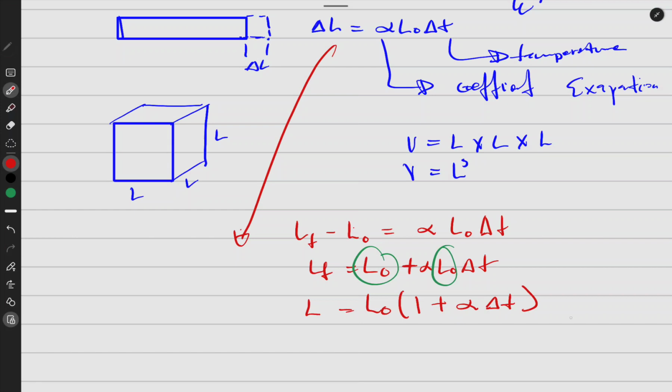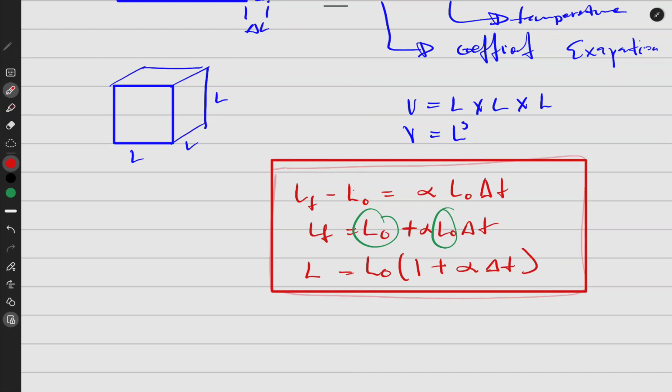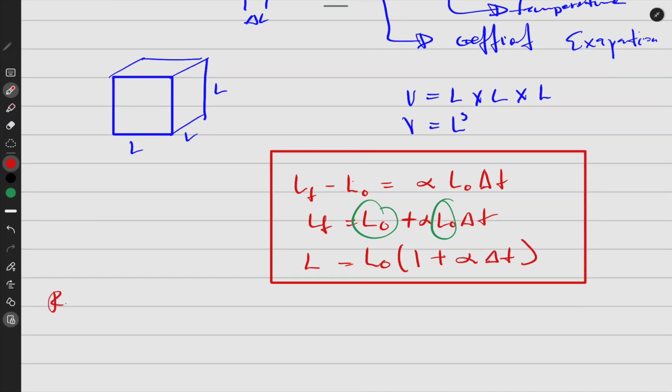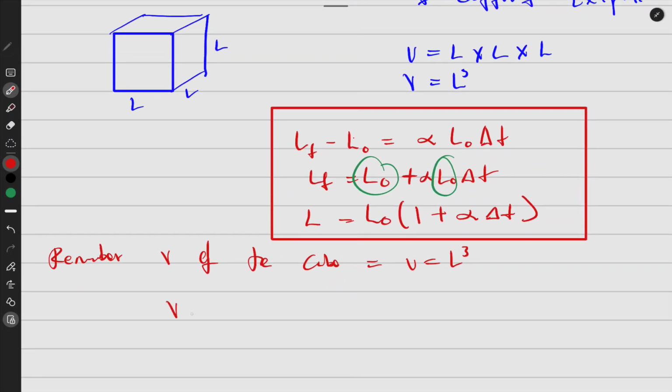So now we have a formula for length. That's how you start your derivation, for whoever is marking this to see every step of the way. Now we remember that the volume of the cube is V equals length cubed.